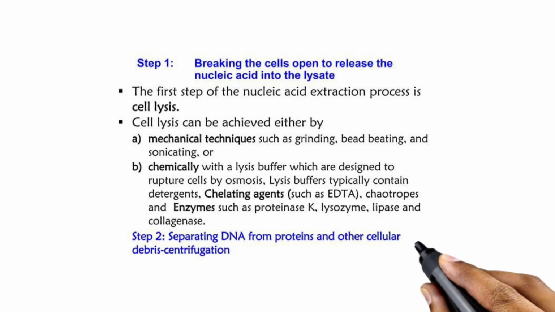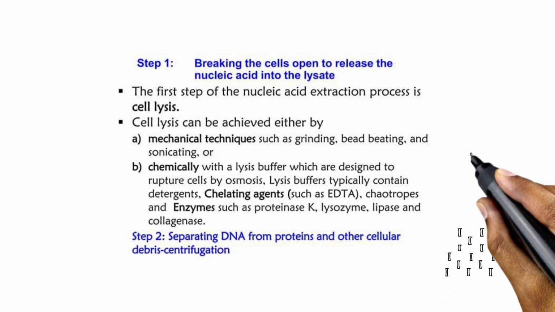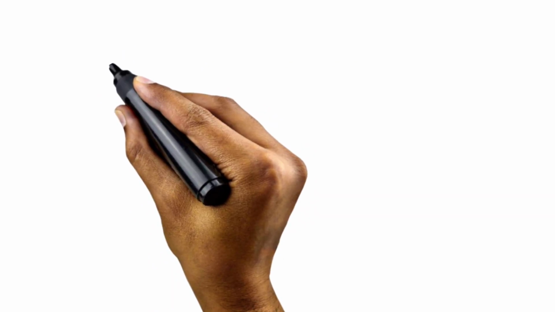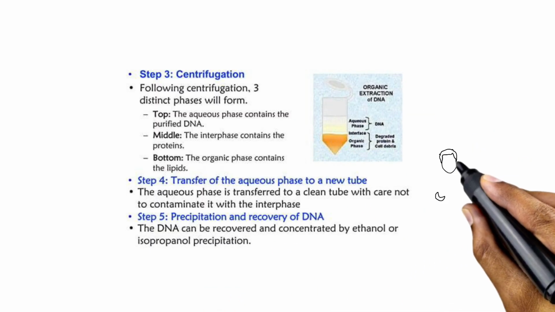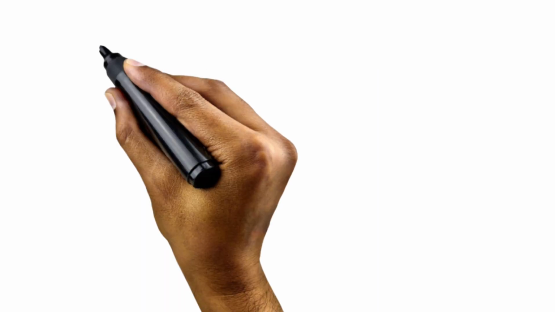The first step of the nucleic acid extraction process is cell lysis, that is mechanical or chemical, by chelating with EDTA or with lysis buffer. Second is separating the DNA, and third is centrifugation. The aqueous phase contains the purified DNA.